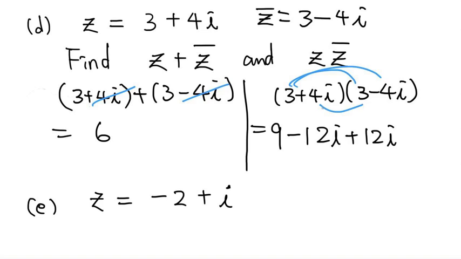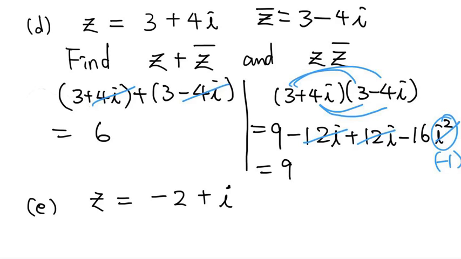And then finally 4i times negative 4i is negative 16i squared. Now the two terms in the middle cancel out, and we're left with 9, and here i squared is negative 1, so minus 16 times negative 1 is plus 16, and their sum equals 25. So here we get another real number.